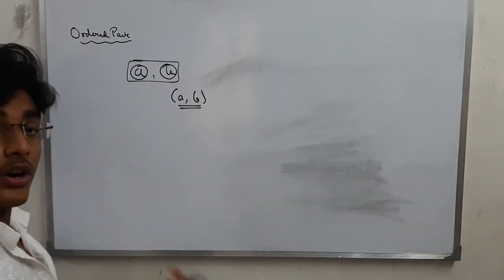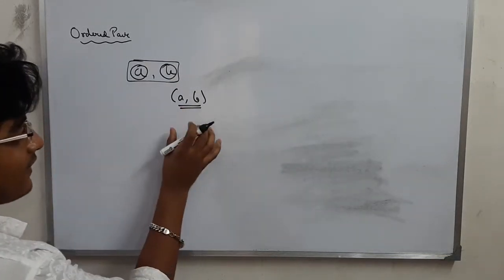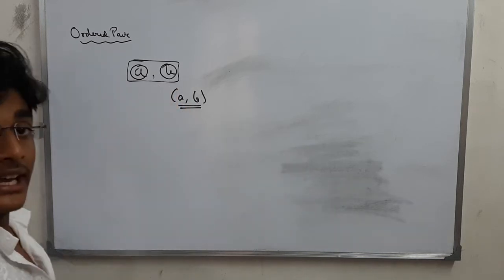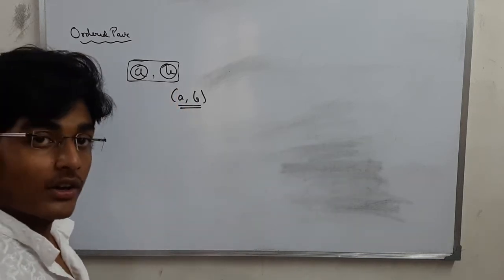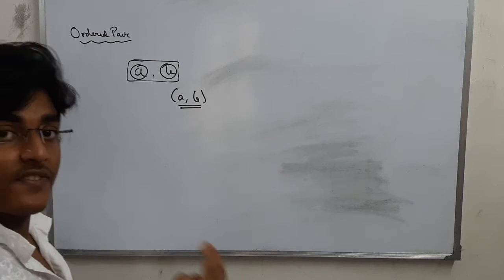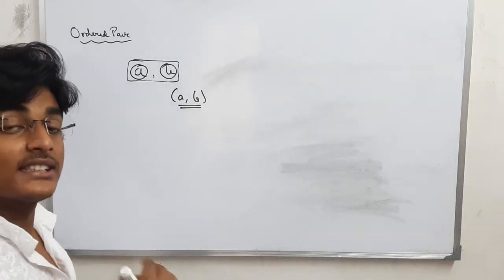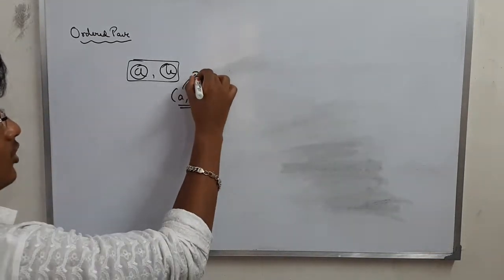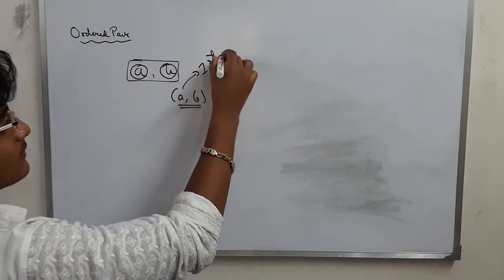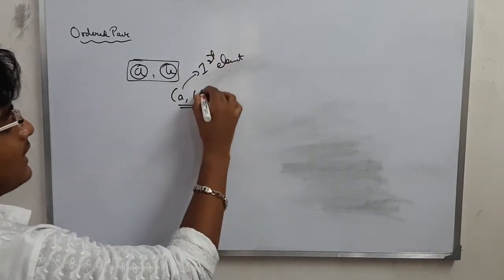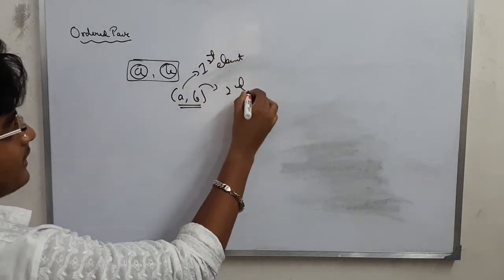Why is it called ordered? Because here we are arranging the two elements in some particular order, keeping one of the elements first and the other element second. Here A is called the first element and B is called the second element.